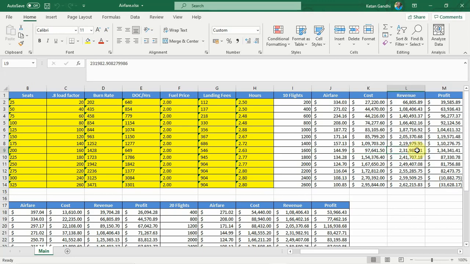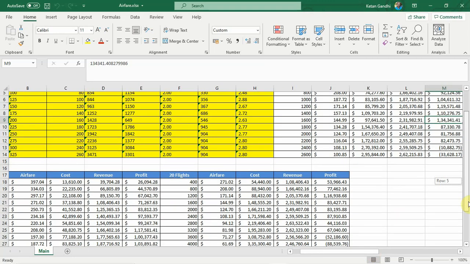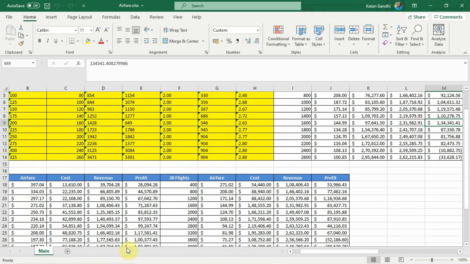The revenue would be 2,319,829, and the profit will be 1,343,414. So this is the way the application is developed.